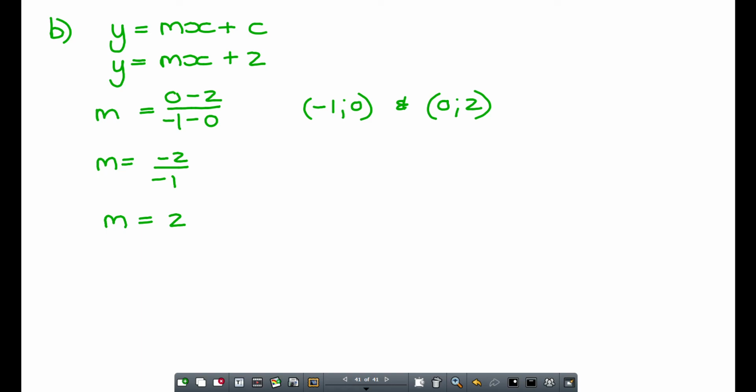Your final answer would then be y is equal to 2x plus 2. Minus 2, minus 2, yeah, you should have gotten the same gradient. Did you? Yeah, it's good.